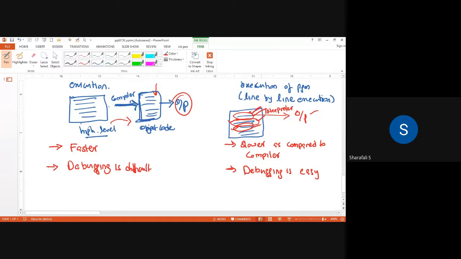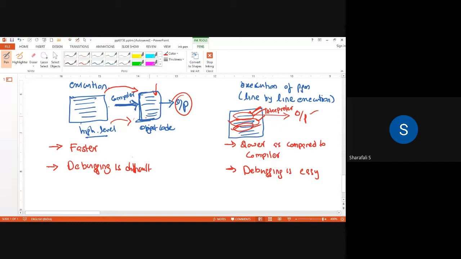Also, because we have line by line execution when using an interpreter, we can understand in which line the error is. So by using an interpreter we can get information about the error location. But in the case of a compiler, debugging is difficult because first it converts the entire program into the object code, and then execution happens.